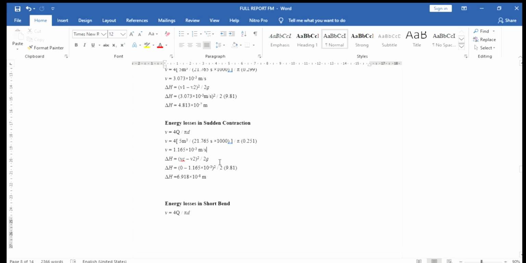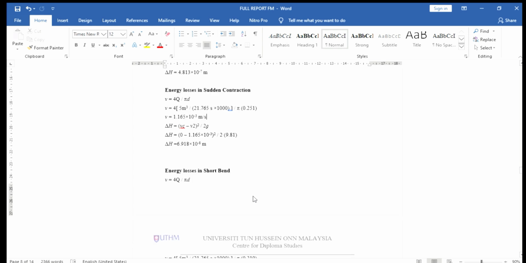The Vc is not given, so it is 0, minus the velocity from here, and we square the velocity, then divide by 2 times 9.81, which is gravity. The head loss we will get is 6.918 times 10 to the negative 8 meter.